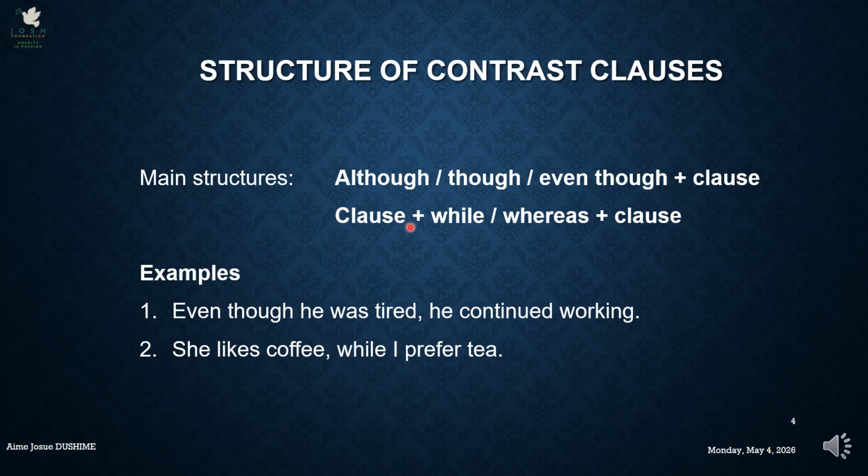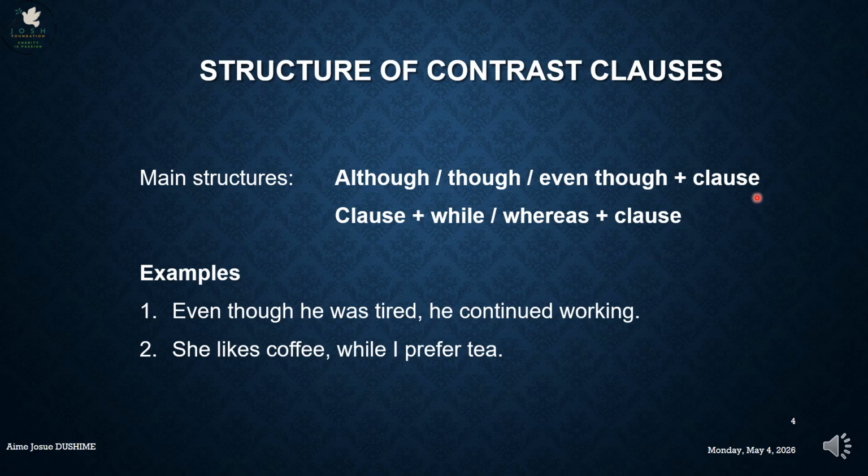Remember, a clause is a group of words having a subject and verb. After the clause, we add while or whereas, then we add a clause again. The first one, we just start with although or even though. We put a clause, after that first clause we put a comma, then we add another clause.